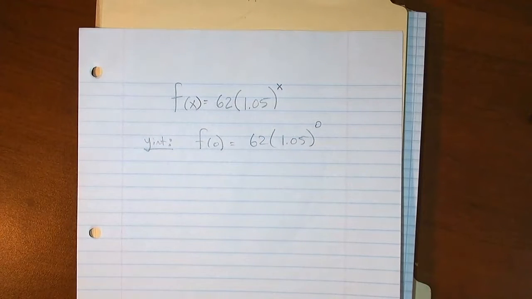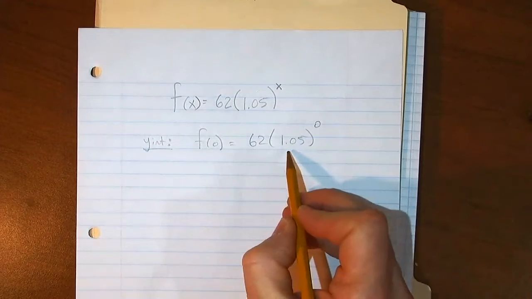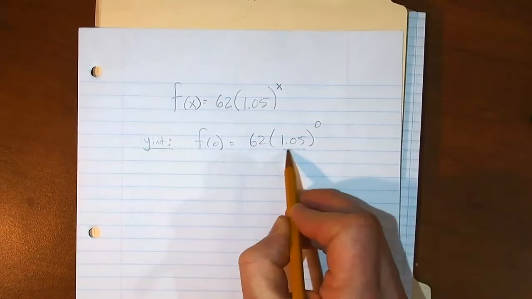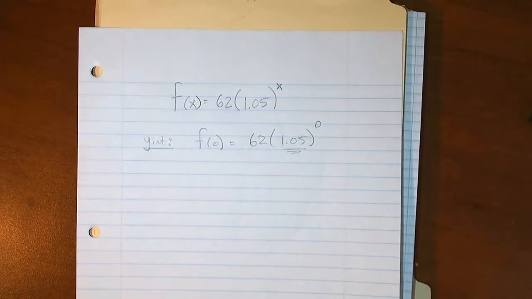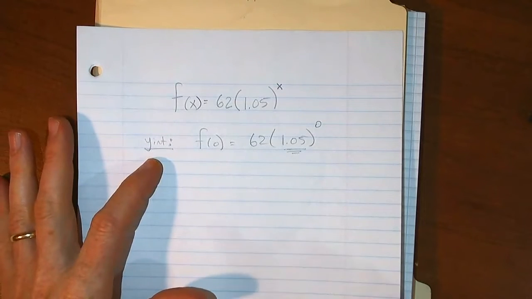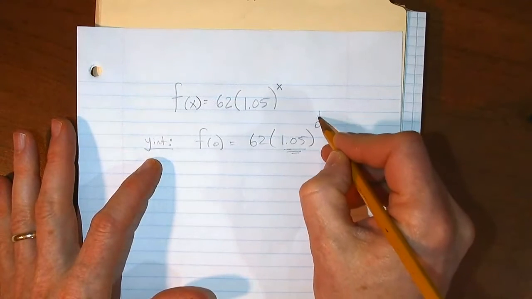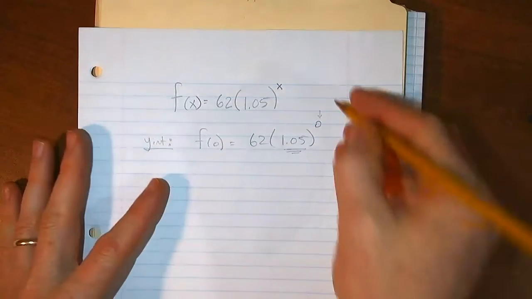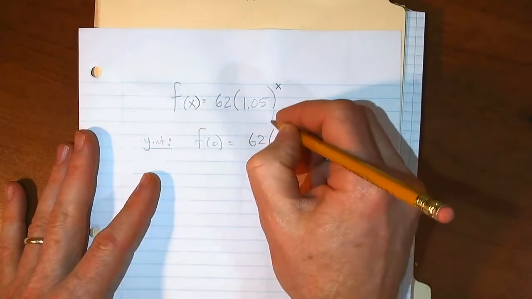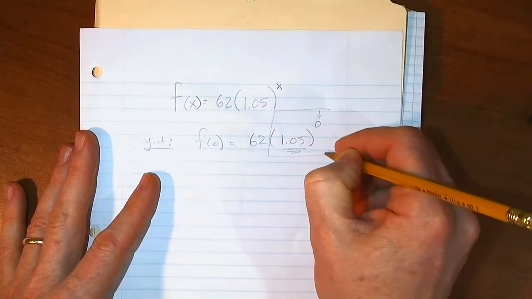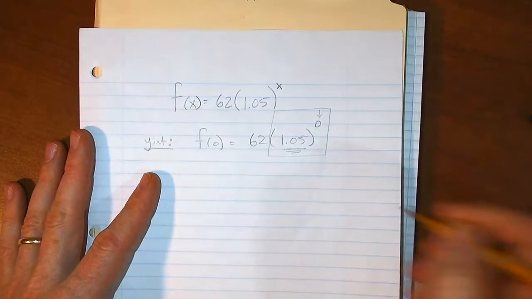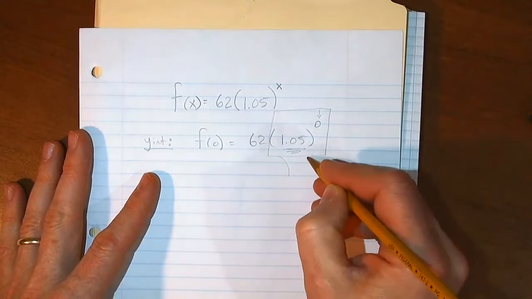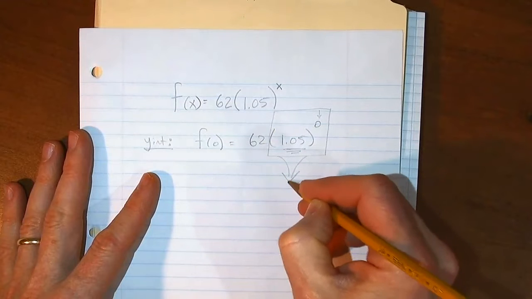Okay, now think about what happens. Because this is growth, this number right here is always going to be a number greater than 1. Okay, and if we're trying to find the y-intercept, this number is always going to be a 0. So if you think back to our properties of exponents, if I'm taking a number greater than 1 and I'm raising it to the 0 power, what is that whole thing going to become?